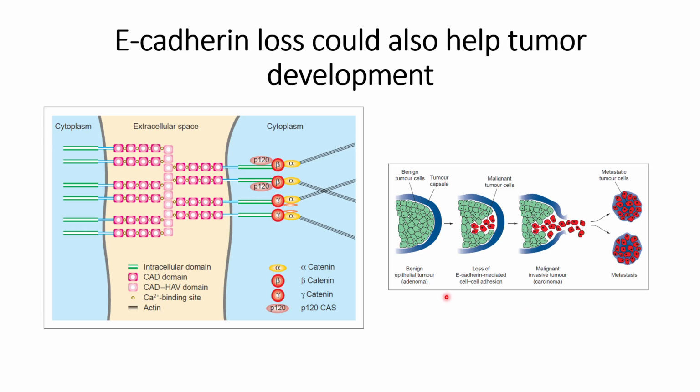One of the reasons, though not the exact reason, is the loss of E-Cadherin function because of mutations that occur in the tumor cells. This is one of the old review papers, published in 1999, that shows that E-Cadherin loss could also help in tumor development.